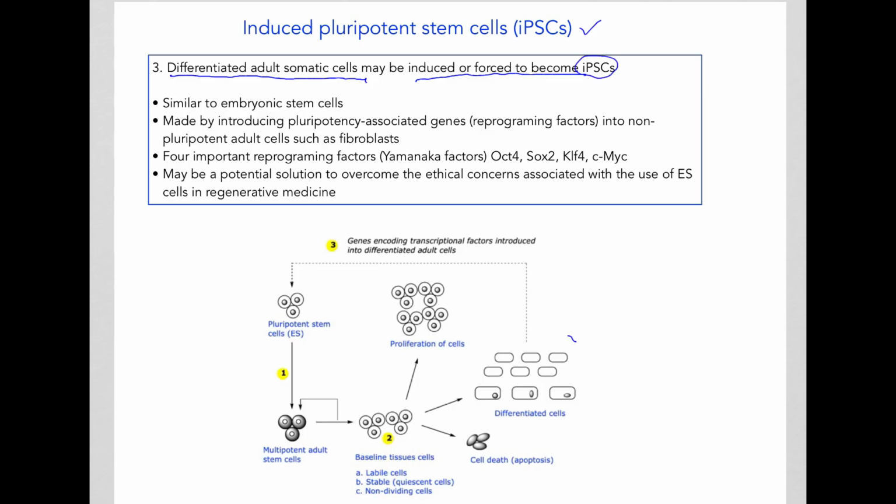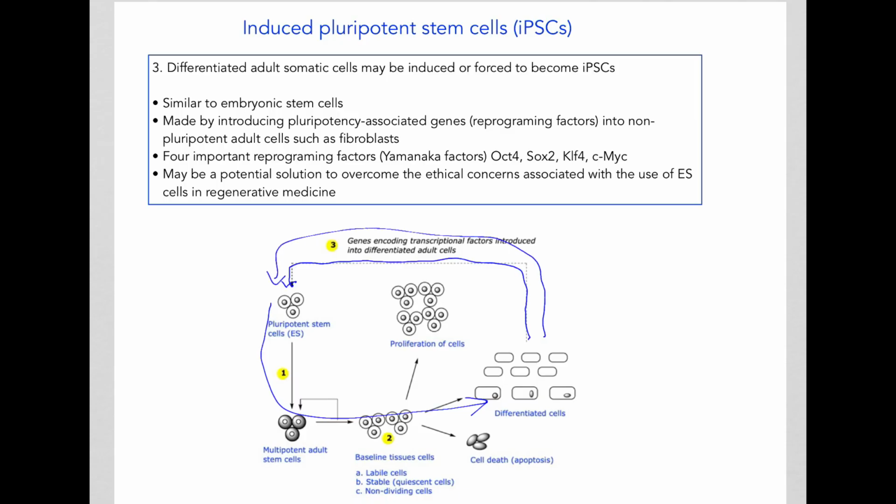So these differentiated cells in an adult can actually be made to become pluripotent stem cells. And this is done, this conversion of these differentiated cells back into stem cells. Remember, normally we always go from stem cells to differentiated cells. But here we are going from differentiated cells back to stem cells.